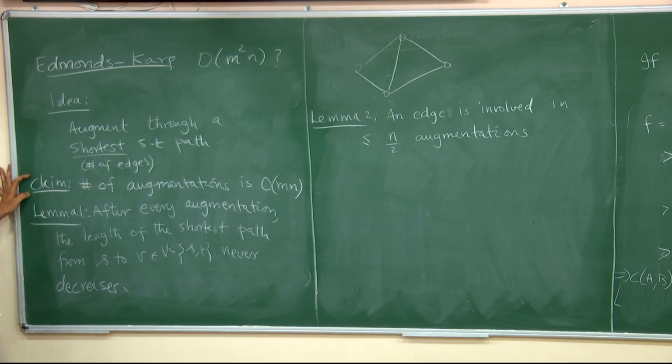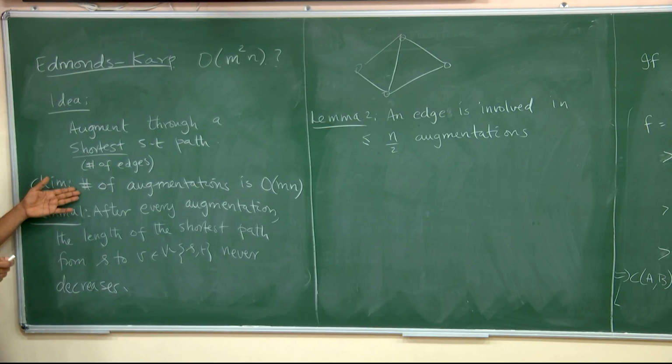Right? Because the number of augmentations, if you look at, there are m edges in the graph, and every edge is never involved in more than order n many augmentations. So it will be at most m n augmentations.